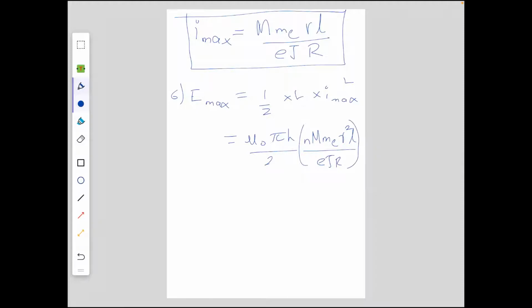This part is just simplification, so I skipped this. So this is the maximum energy.